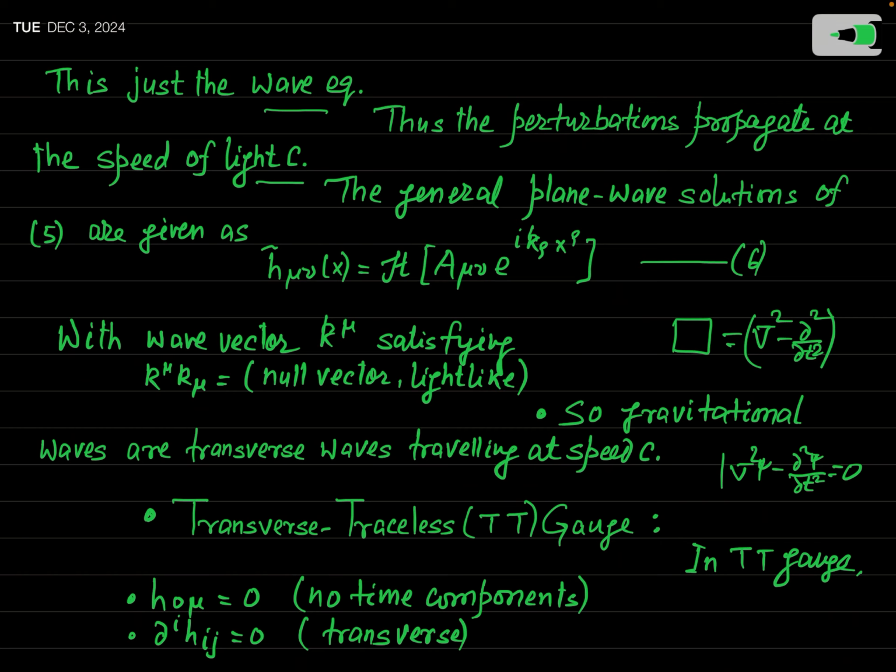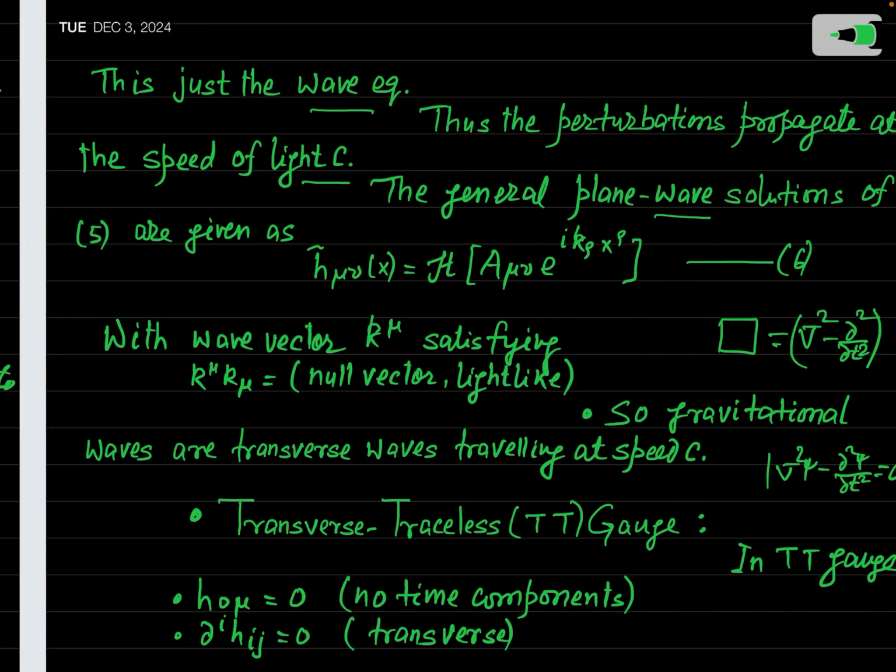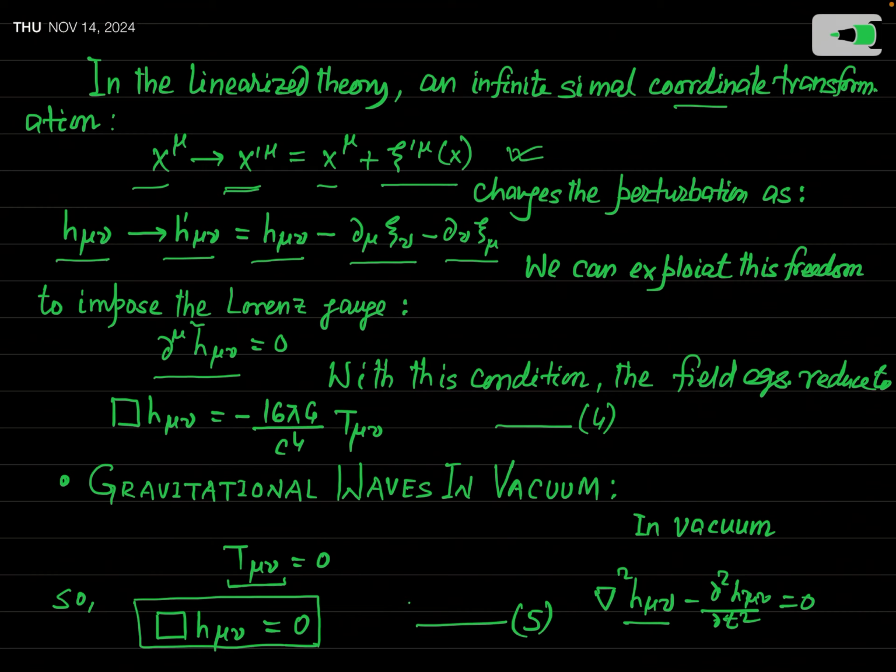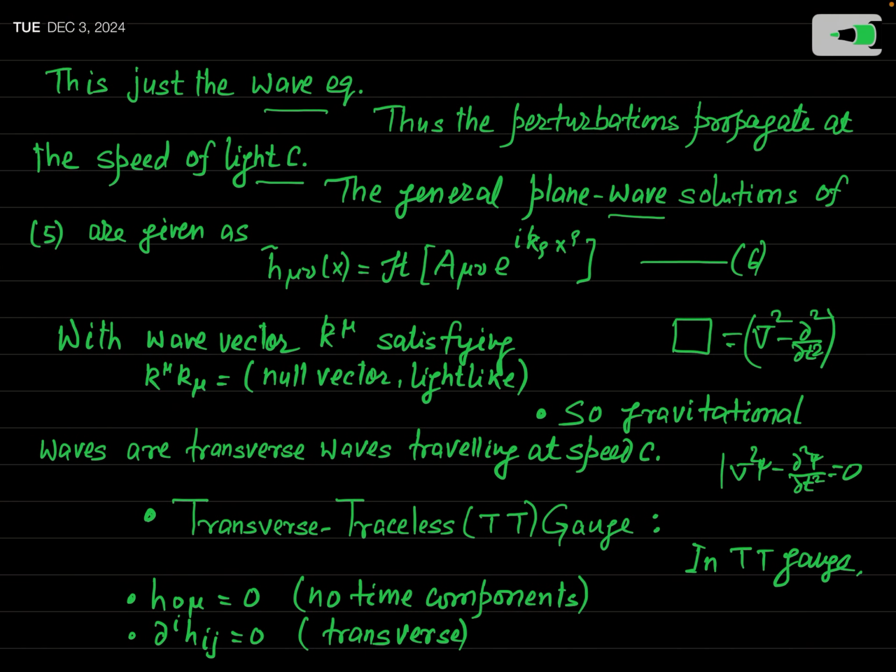And therefore, now you can easily write the plane wave solutions of this wave equation. This is a very remarkable equation, the classical wave equation of gravitational waves, and its plane wave solutions are given by this expression.